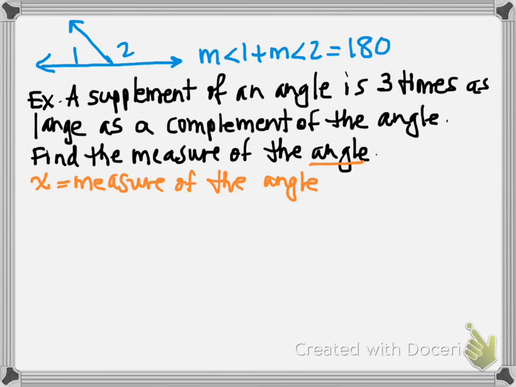But they talk about the angle in other terms. They talk about the supplement of an angle. So remember, the angle and its supplement have to equal 180. So you can think of the supplement of this angle x to be 180 minus x. So that's the supplement of the angle.